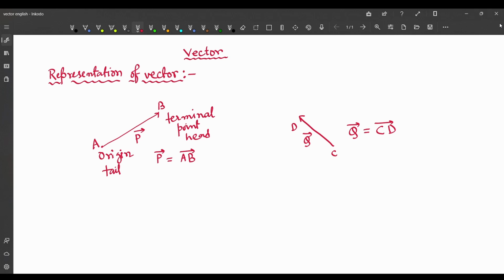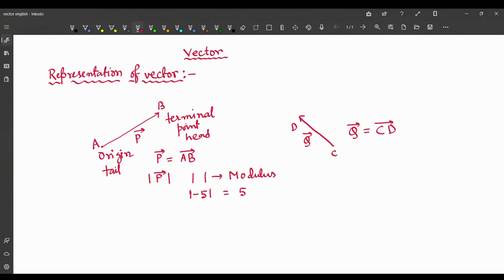The magnitude of P vector is represented by modulus of P. This symbol is known as modulus. Anything in mod is positive; suppose minus 5, mod of minus 5 is plus 5.